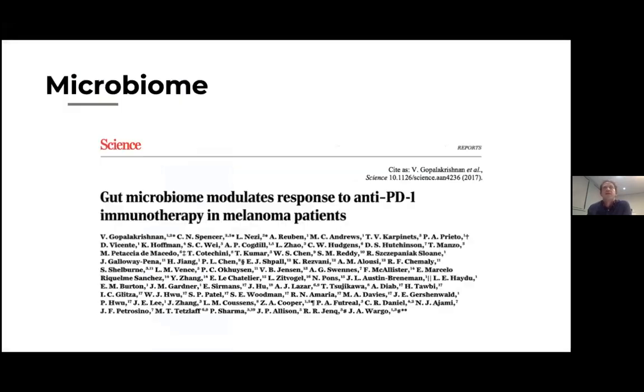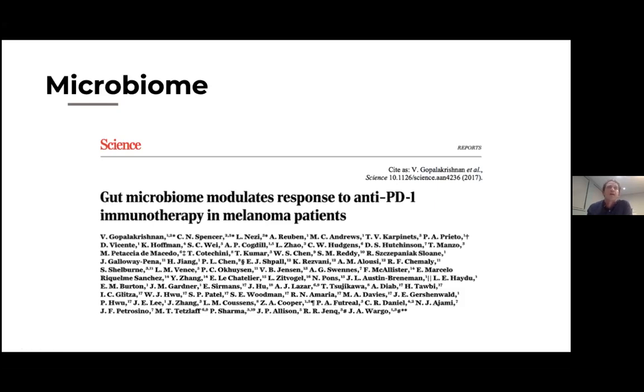And then it wouldn't be a gastroenterology talk without talking about the microbiome. It's very interesting, and it has been noted both in animal models and then in this paper in humans, that there is a microbiome signature for response to immune checkpoint inhibitors.